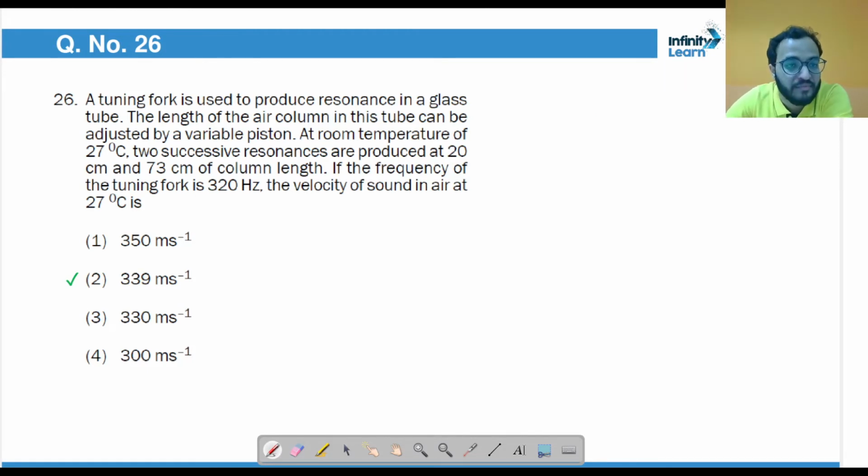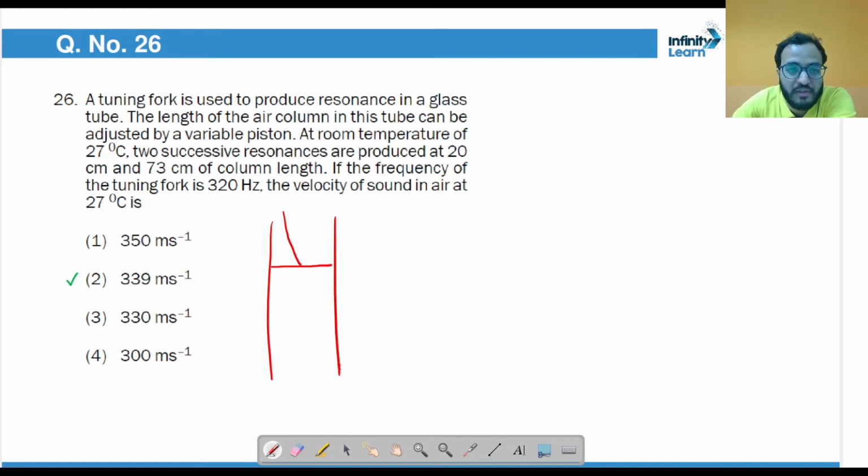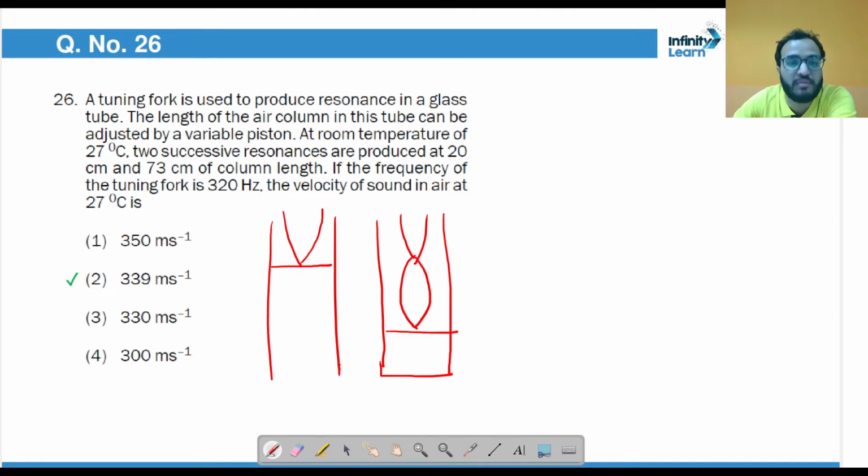26. What they are saying is a tuning fork is used to produce resonance in a glass tube. Okay, this is our glass tube. So when the water level is this, some resonance was obtained. When the water level was dropped down to some other point, then again resonance was obtained. It must be in this condition, yes or no?